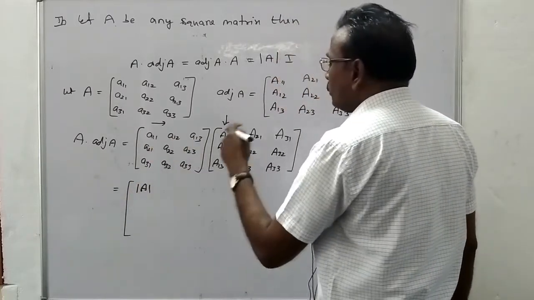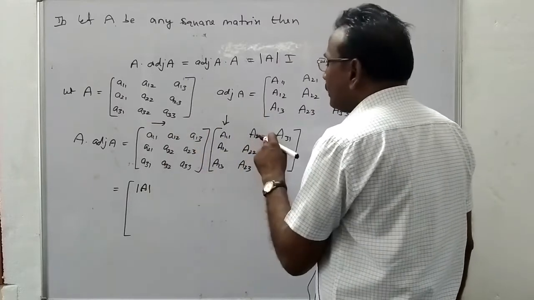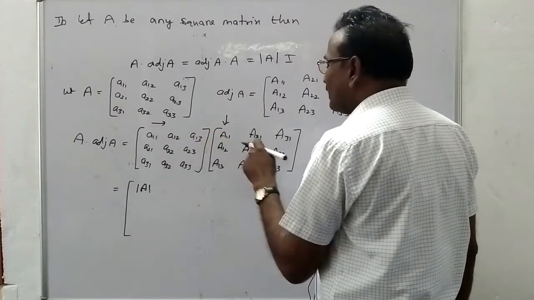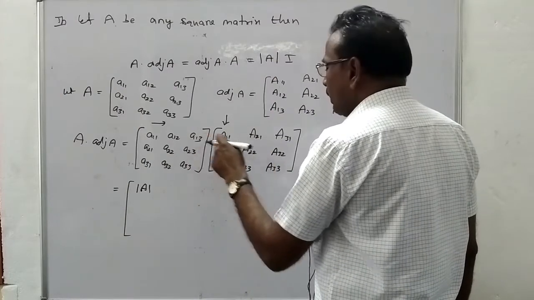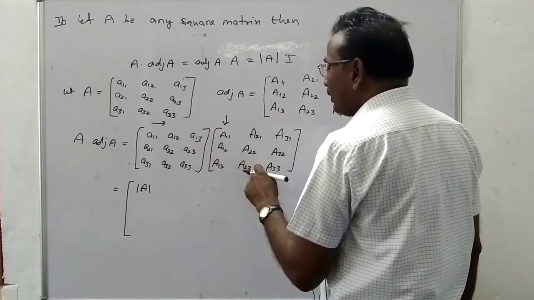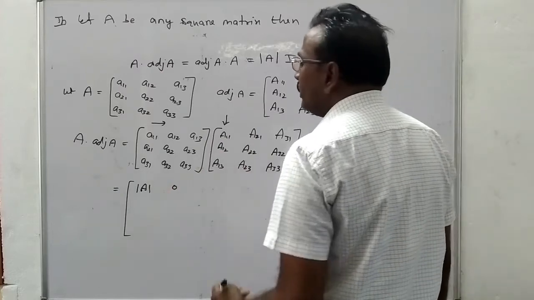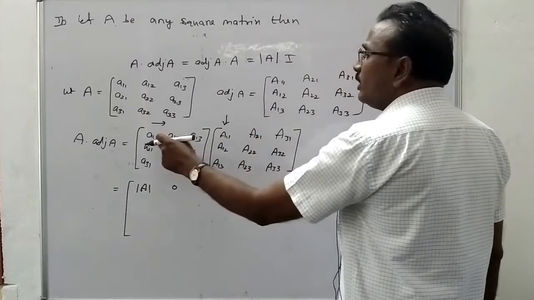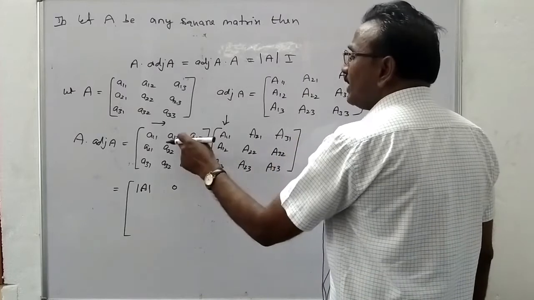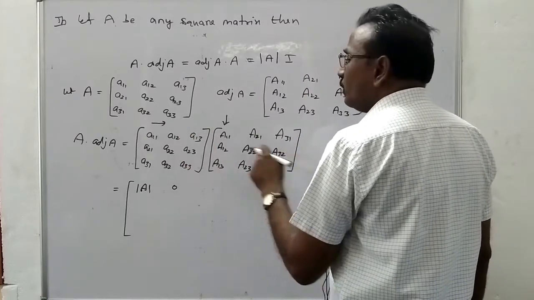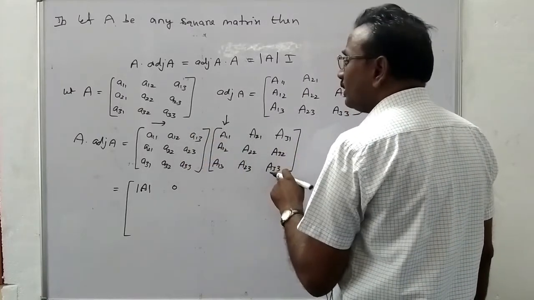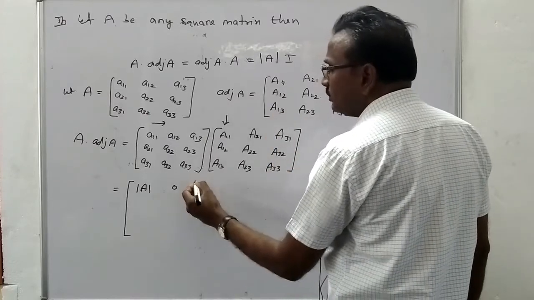Next, first row with second column: A11 capital A21 plus A12 capital A22 plus A13 into capital A23. Here the suffixes are different, the value is 0. Next, first row with third column: A11 capital A31 plus A12 into capital A32 plus A13 into capital A33. The suffixes are different, the value is 0.